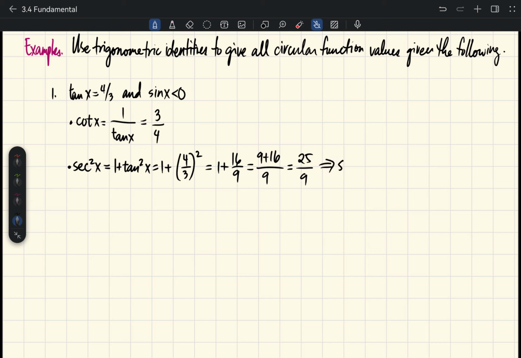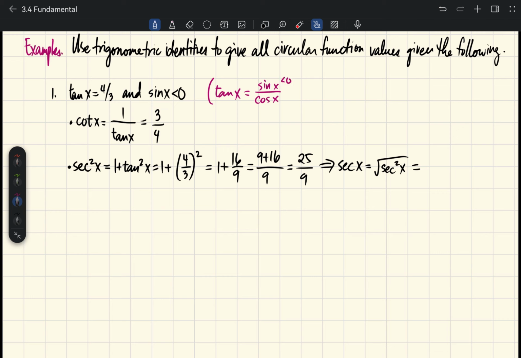So this means that secant x is the square root of secant squared x. Take note, sine x is less than 0, but tangent x is positive. So recall, tangent x equals sine x over cosine x.